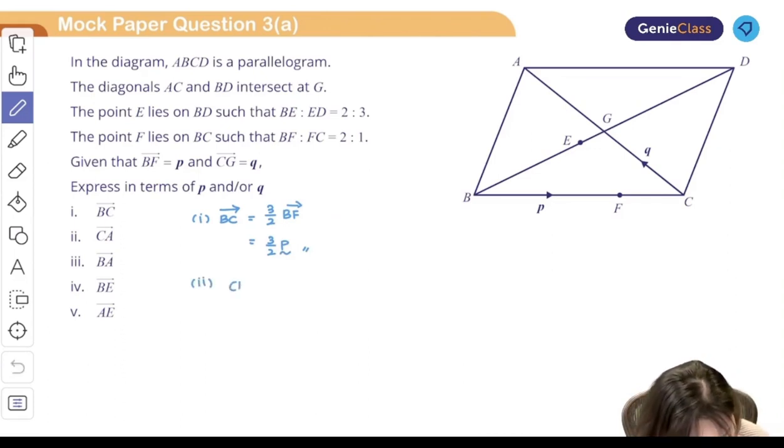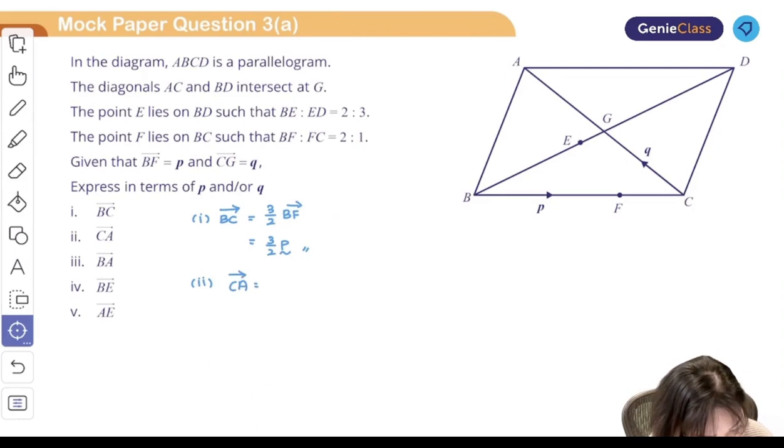Part 2. Find vector CA. So CA is over here. Then we have CG. CG is equal to Q. So to find CA, how do we do that?